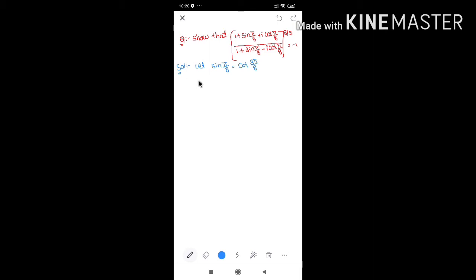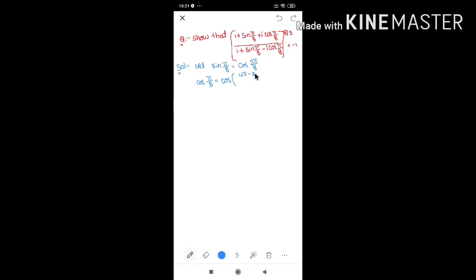So again cos pi by 8, this also we need to write in terms of sin 3 pi by 8. How? Just we need to check once. So this one we are writing as cos of 4 pi minus 3 pi by 8. I mean pi we can write as 4 pi minus 3 pi.